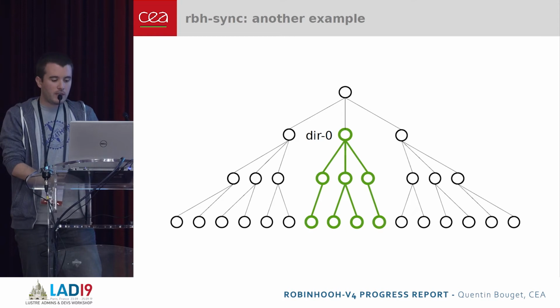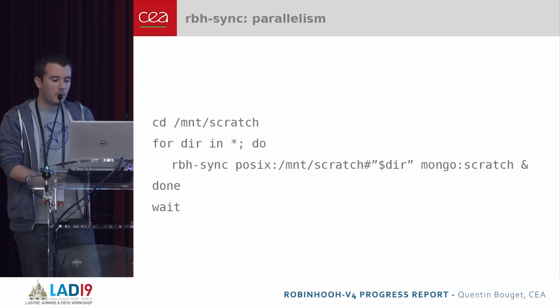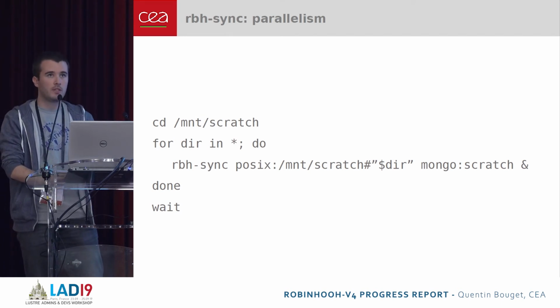The point of this is that RBH sync is fundamentally a single-threaded program. So there is not much parallelism going on there. If you want to achieve parallelism, you would launch different processes that would start the scan on different directories.